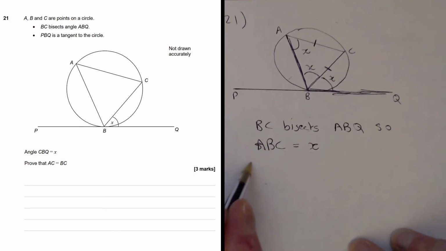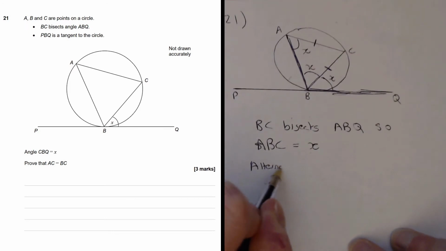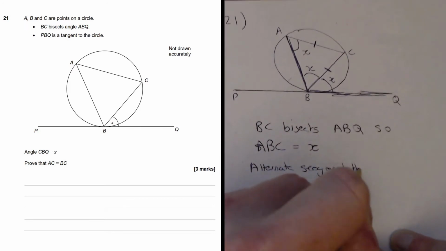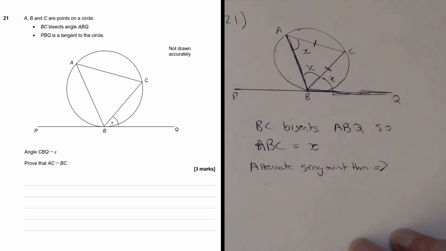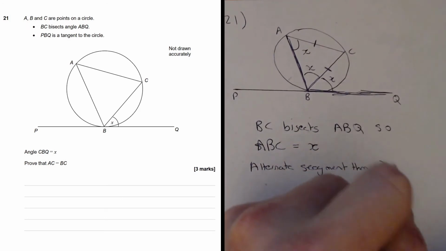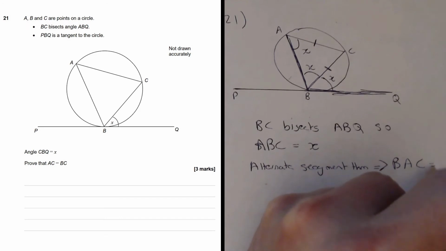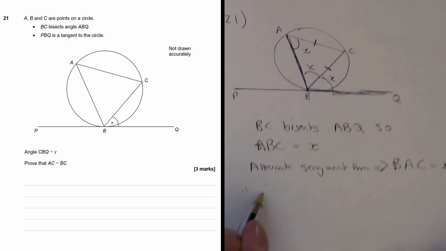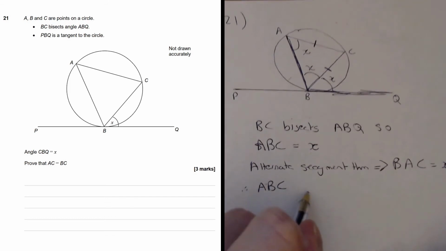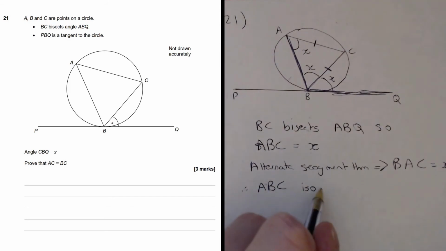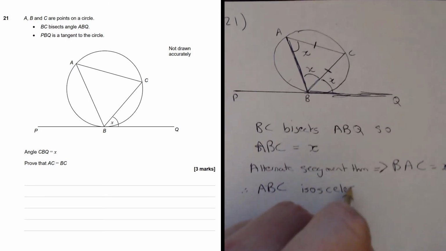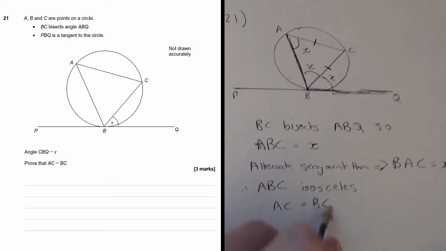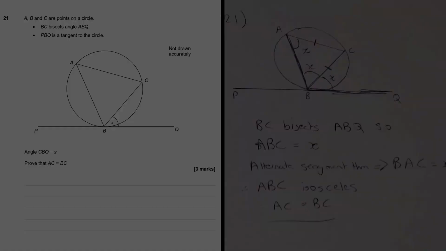Then we need to say that alternate segment theorem implies that angle BAC is also x. Therefore, ABC is isosceles. Therefore, AC equals BC, and that would warrant you full marks.